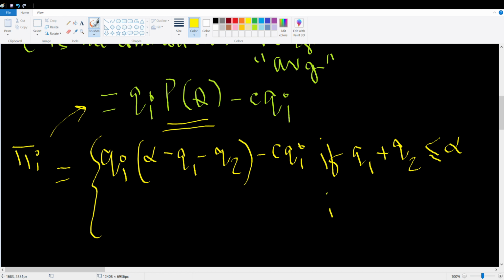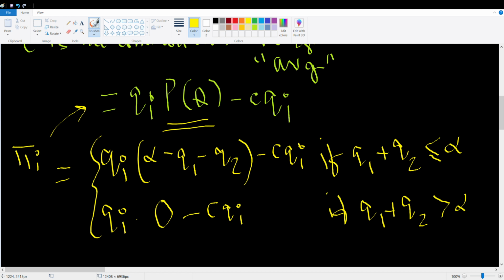Now when the total output produced in the duopoly is greater than alpha, then Qi would be multiplied by 0, because P(Q) is 0 for Q1 plus Q2 greater than alpha, and minus total cost. So your profit would be negative, minus c Qi.